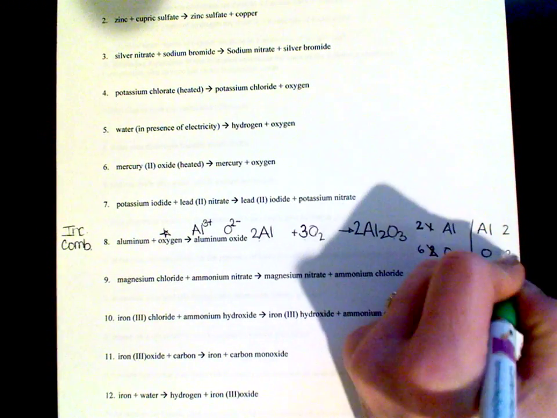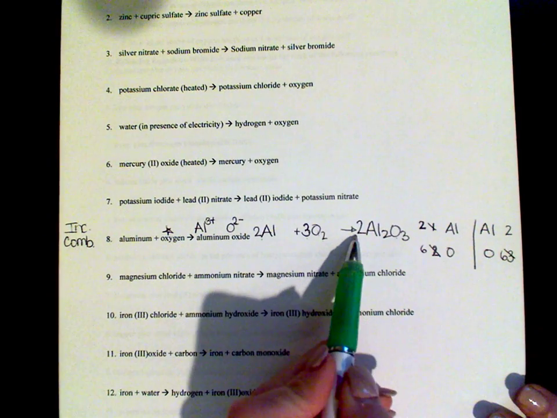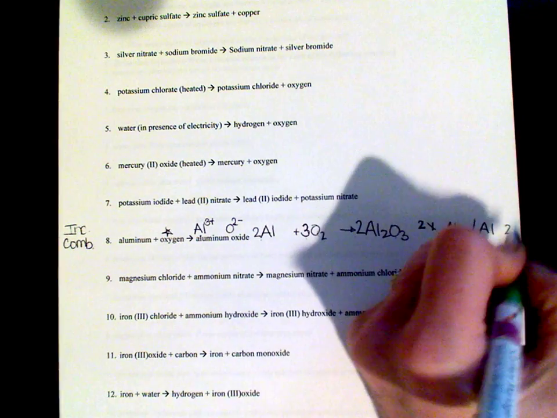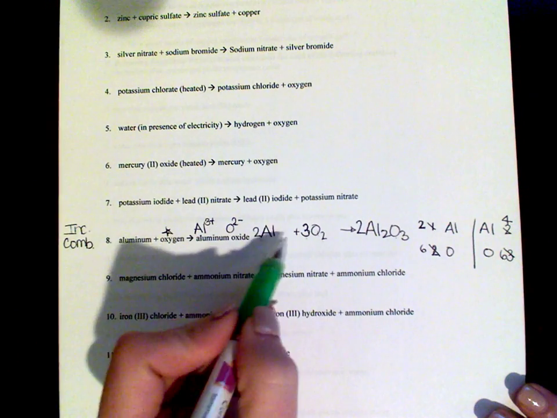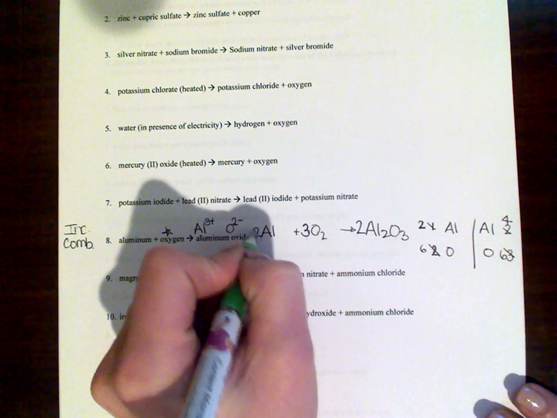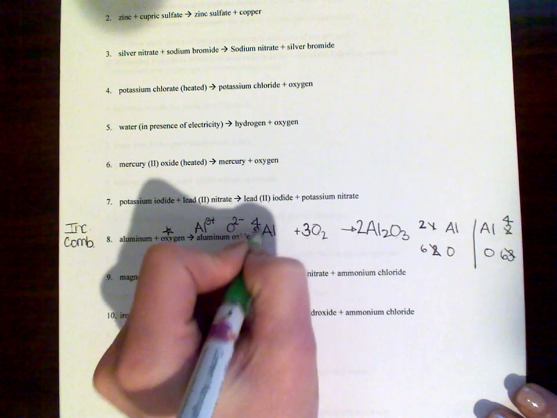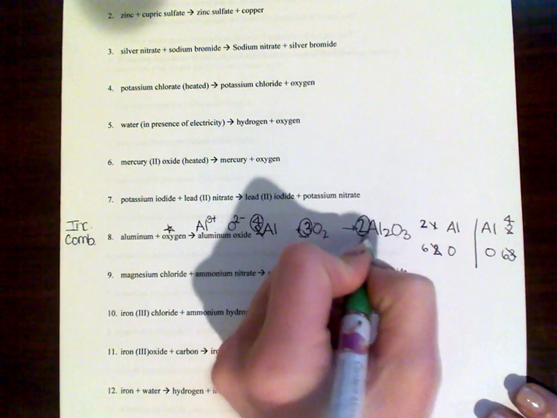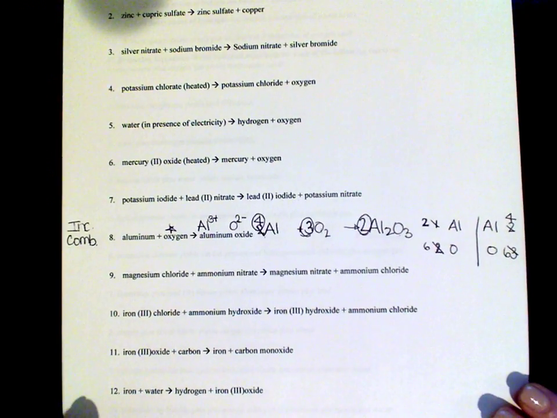Now when I do that, that also changes my value for Al, so I need to go back and make sure I check that again. Now this side is 4, so I'll go ahead and put on this side a 4. So my equation would be 4 Al plus 3 O2 makes 2 Al2O3.